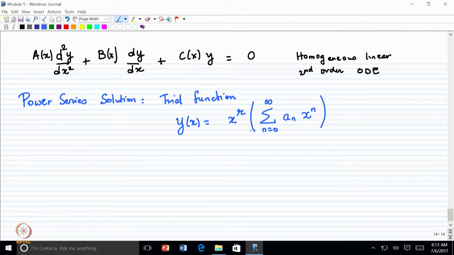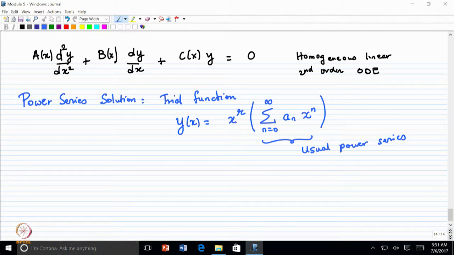Okay. So, r is some value and a_n are coefficients. So, this is like a usual power series and you have an x raised to r. Okay. So, now this is the basic idea of this method.